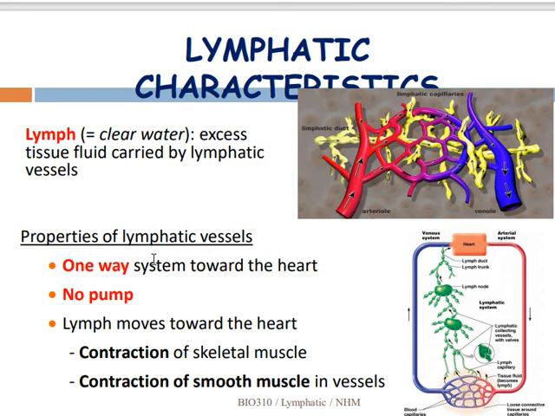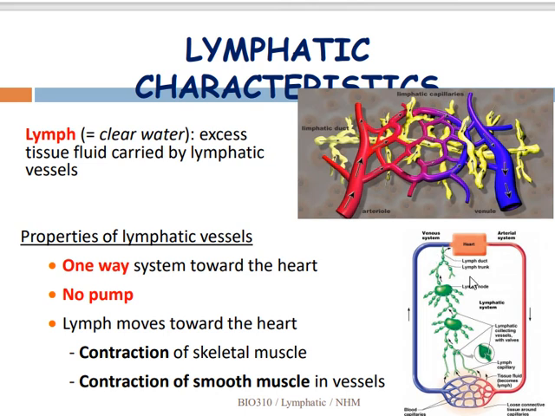The first one is that the lymphatic vessel is actually a one-way system toward the heart, in which it will absorb the interstitial fluid, or the lymph, from the lymph capillary, and goes to the lymph nodes, cleansing the bacteria, the cancer cells, etc. And it will go back to the heart through a one-way system, as you can see over here, through the lymph duct.